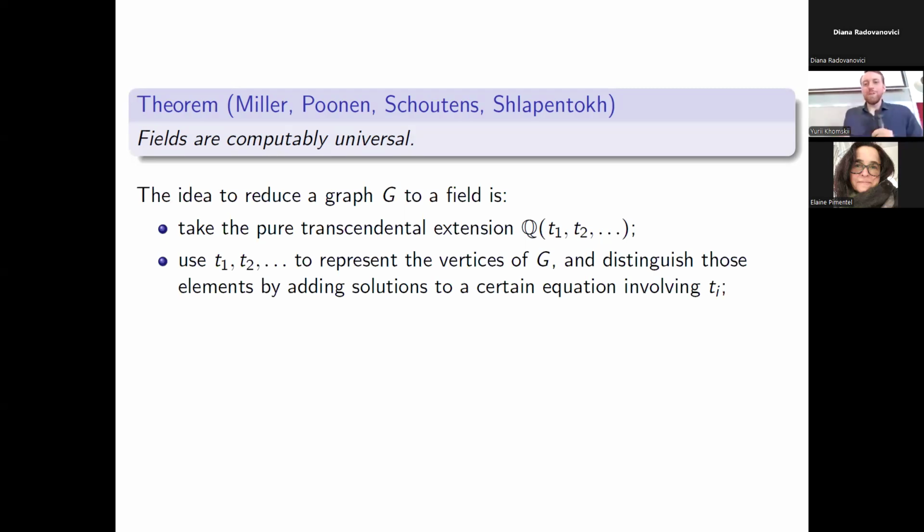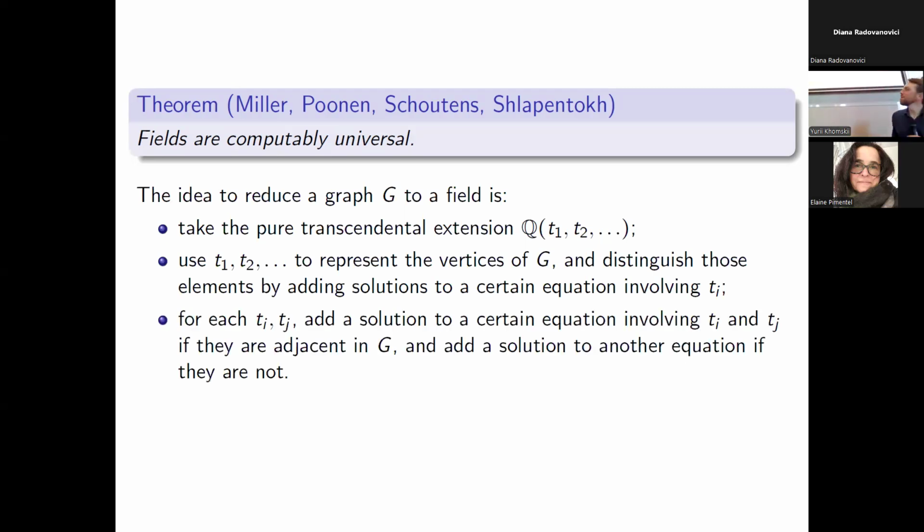So the idea, though, is that you can recover T by looking for solutions of certain equations involving something. If I find it, I know it was one of these T's. And then for each pair of them, you want to say, is there an edge or not? So again, you take some equation involving those two, and you put a solution to it if they're adjacent. And then there's some other equation, and I'm going to put a solution to that equation if they're not adjacent. So you can look at those, and you can recover the adjacencies.